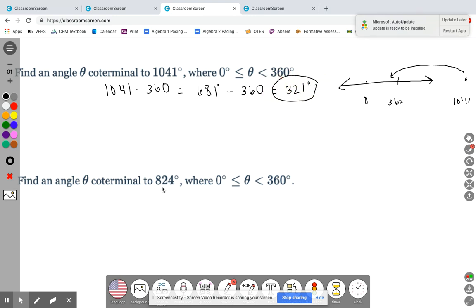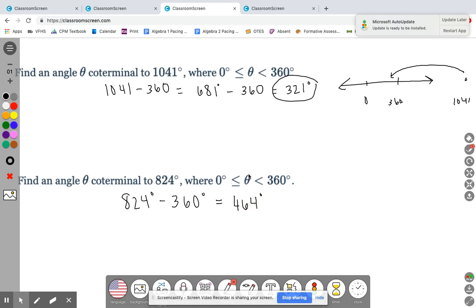We're going to do the same thing with 824 degrees. We're going to find a coterminal angle to it. And again, we're way above this range, so we are going to want to subtract 360 degrees. And we will get 464.